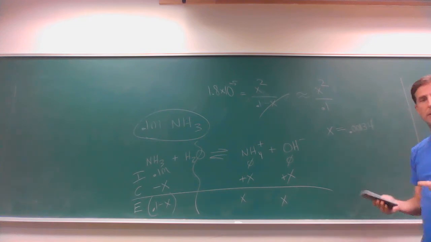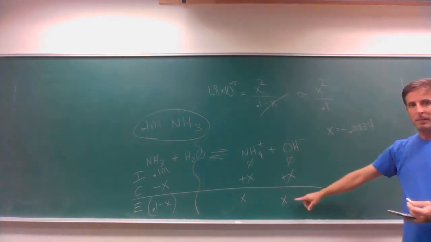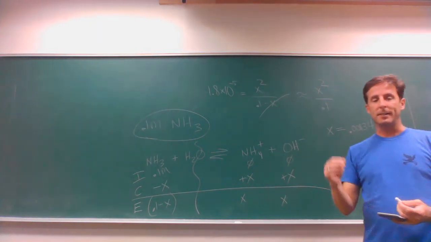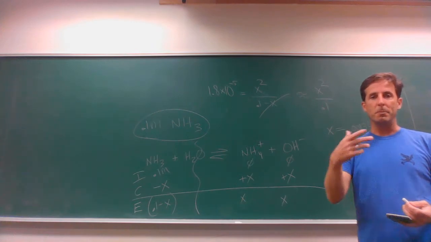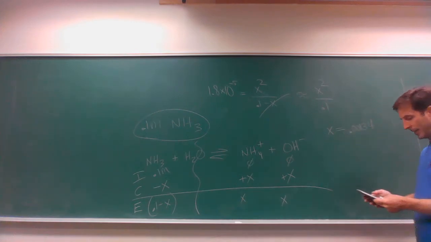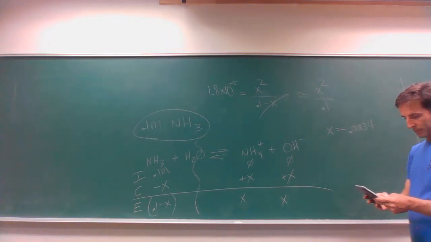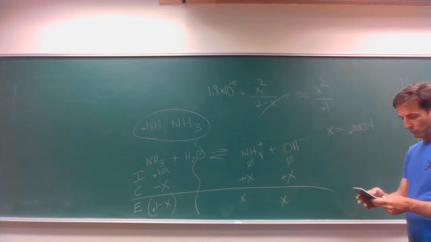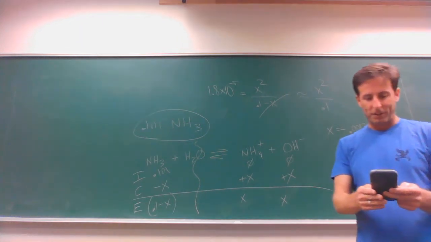Now that's the molarity of X, my hydroxide concentration. So if I do the negative log of that, it's going to give me the pOH, and then 14 minus that value would be the pH. So negative log. Well, this calculator doesn't have a negative log value on it.